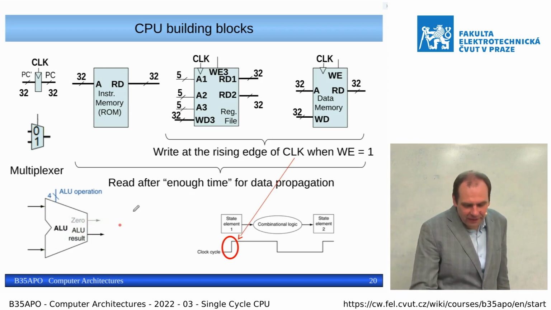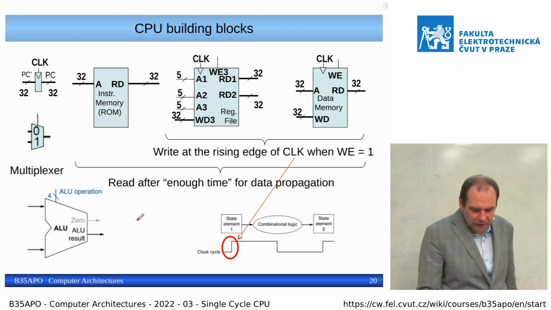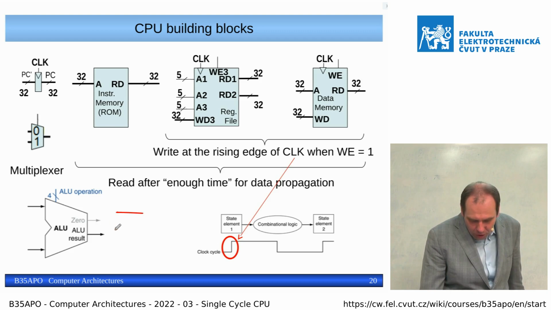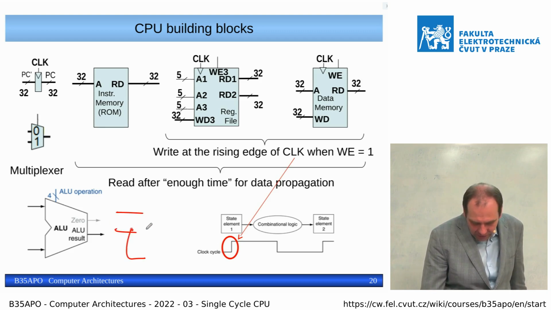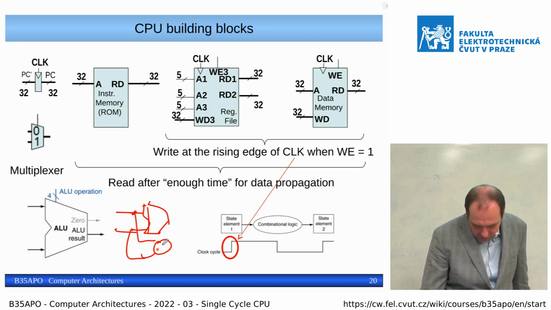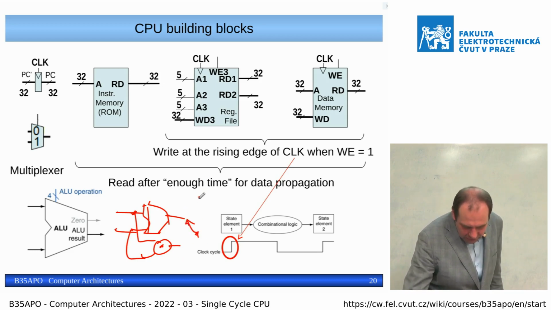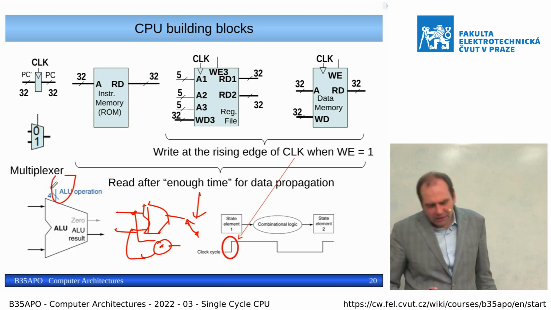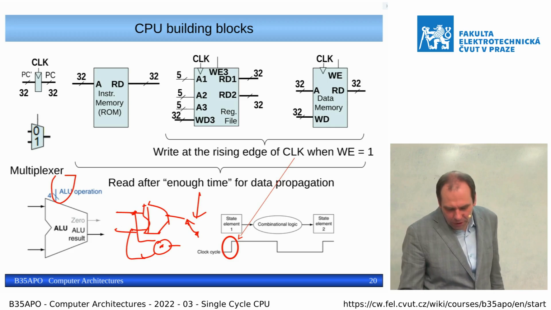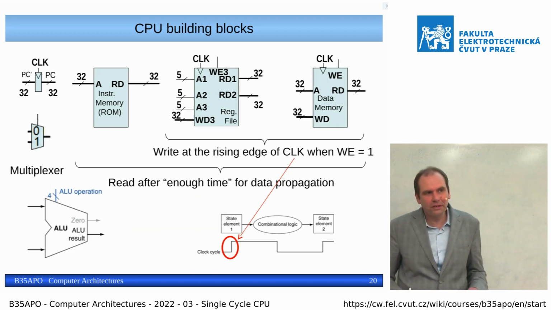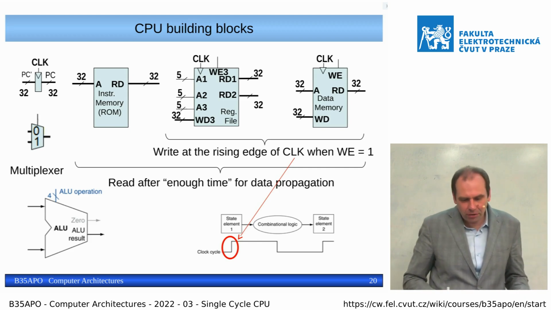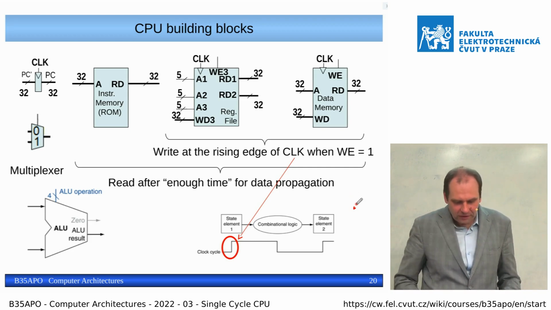In fact, internally we can build it, if we do not look at the power consumption, as more blocks to which we bring the values, for example the adder, there can be a multiplication, and we compute those in parallel, and on the output we select which one we want to use according to this selection of the operation. In real processors it is usually done more cleverly, so that we do not drive the power into the multiplication when we need only addition and so on. But for the start we can start with this simple way.